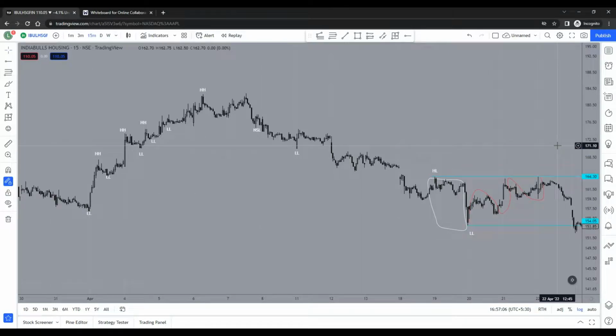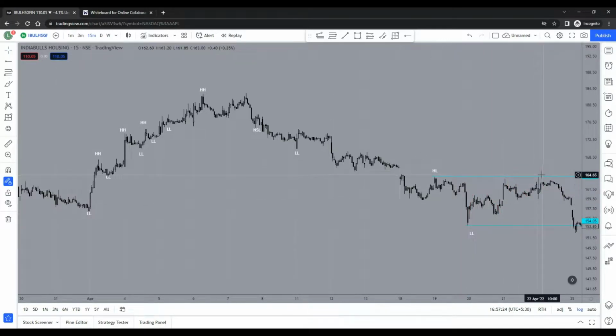So we can still say that the price is in a downtrend unless this lower higher low is broken to the upside. We cannot say that the price has reversed or the trend has changed.